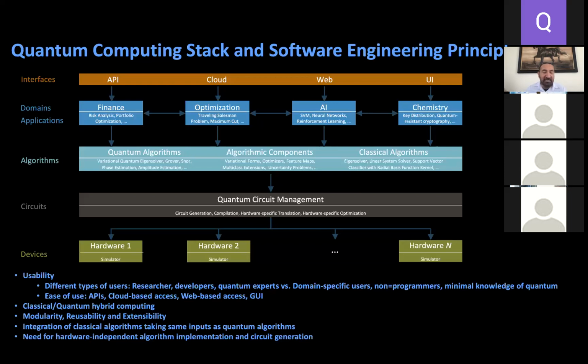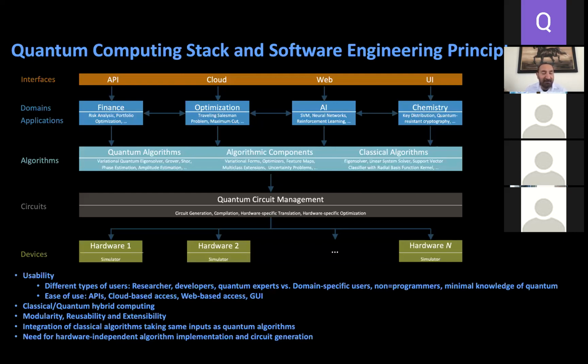There are companies that offer access to the quantum computers, but going up the stack, we have the circuit layer. So circuits are basically the inputs that go into the hardware, and they're built in a language. It's like a low-level language, similar to the assembly language in classical computing.